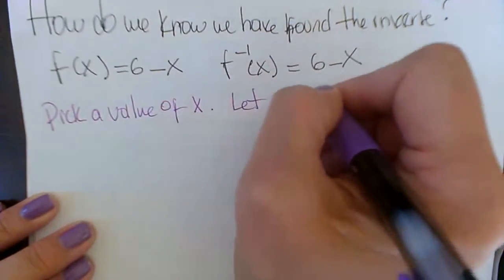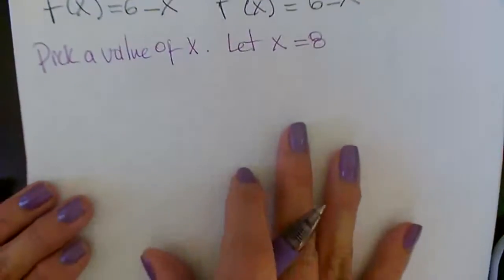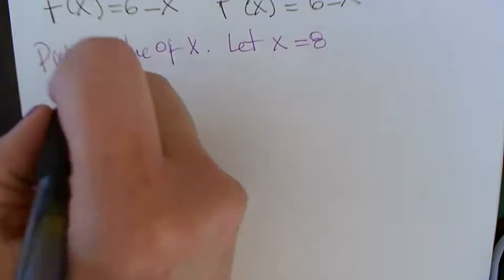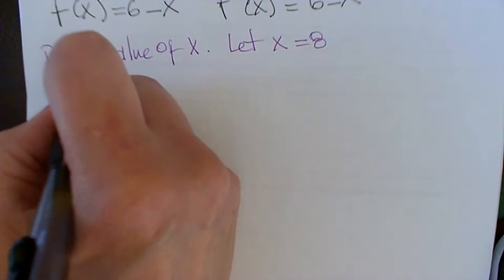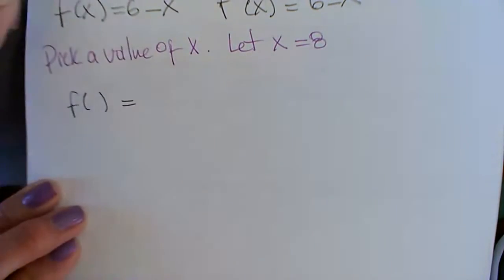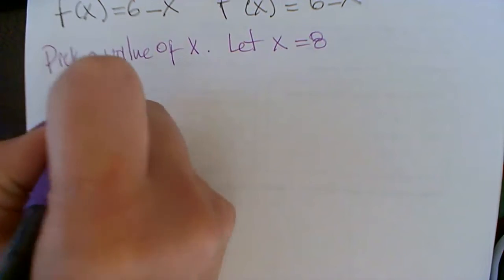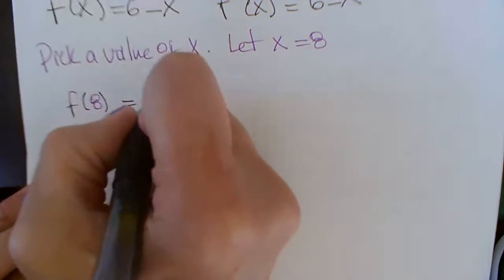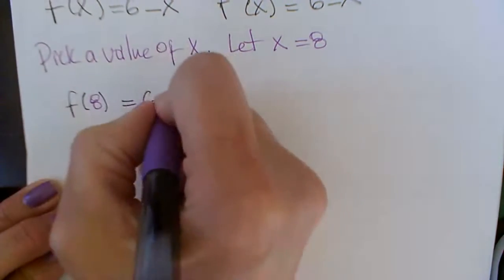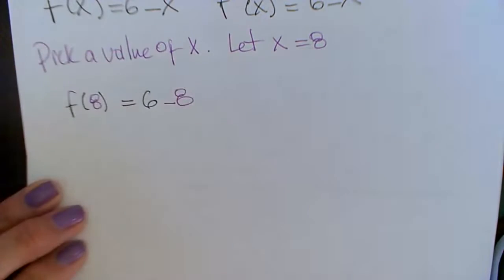Okay, let's try x equals 8. So right here, the number 8 is going to go there. And here is going to be 6 minus 8.